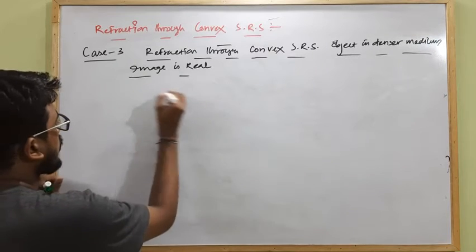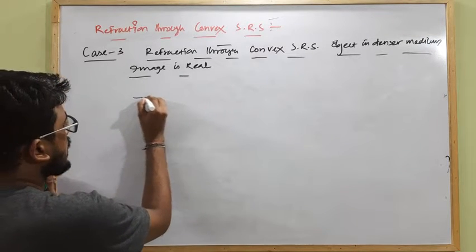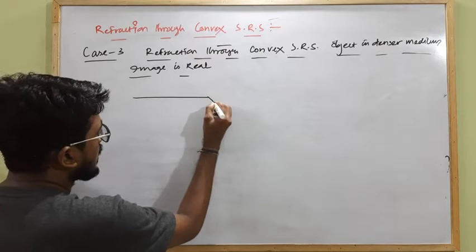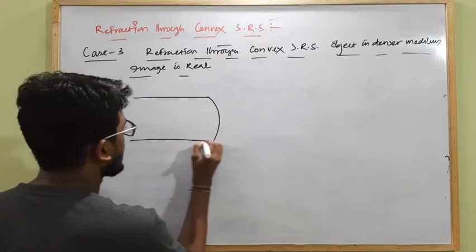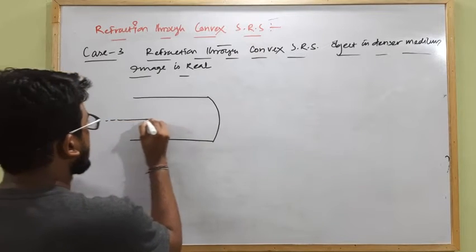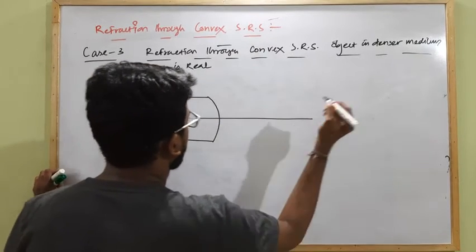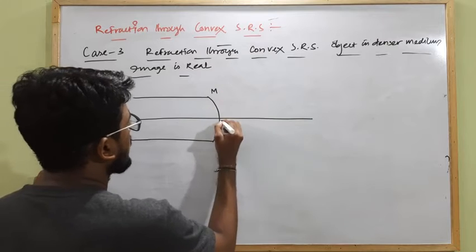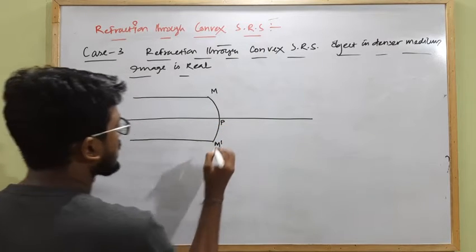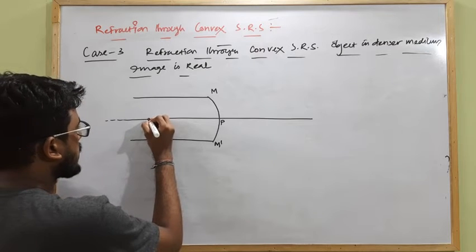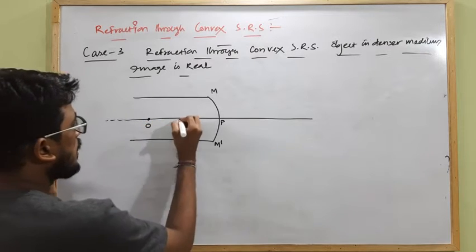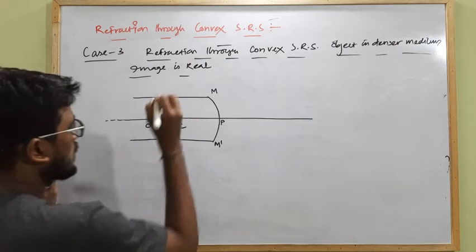So now we have to draw the diagram first. This is the spherical refracting surface which is convex in nature. This is the principal axis. Let the names be M, P, M dash, and as in this case the object is in the denser medium, here is the object O. Let this be the center of curvature C. Clear?